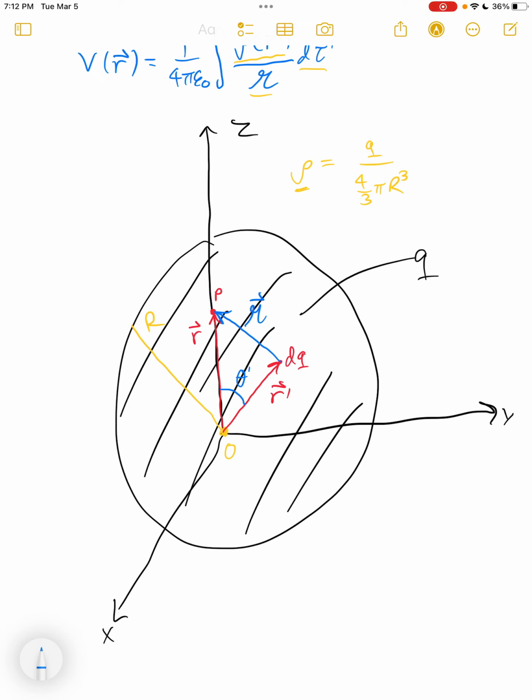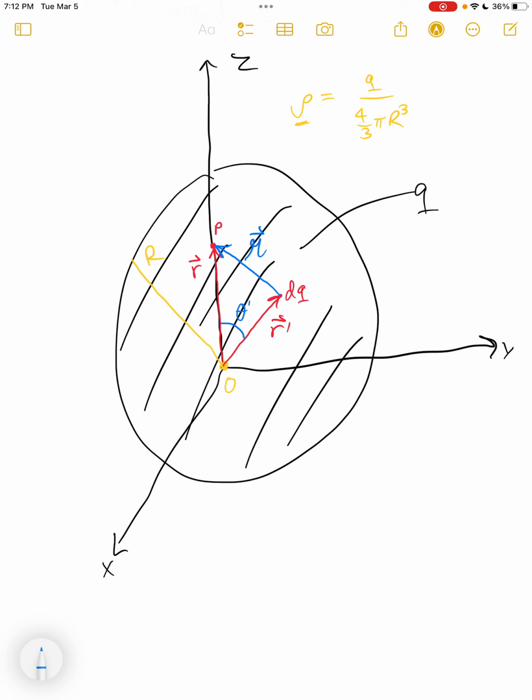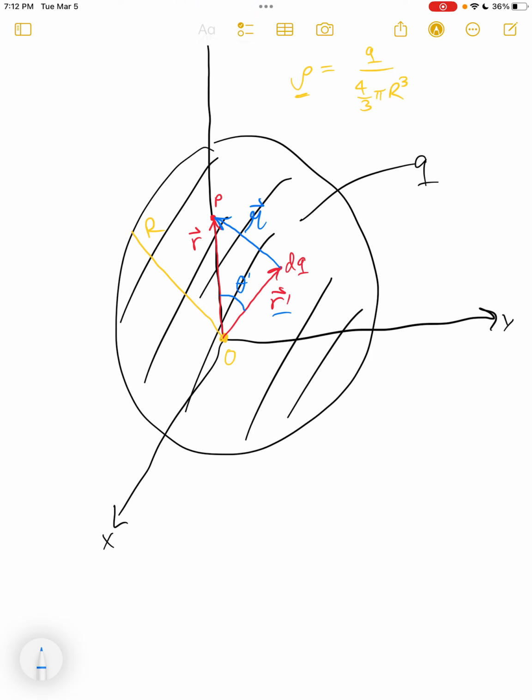We'll call it theta prime, and the prime is just because it's in reference to the source charge. That's the notation that Griffiths uses when referring to charges. He uses these primed variables, just like we have r prime here for dq.